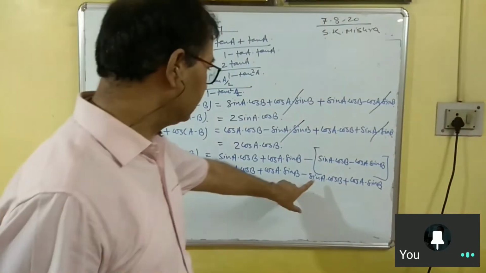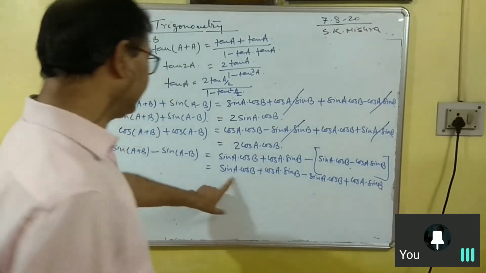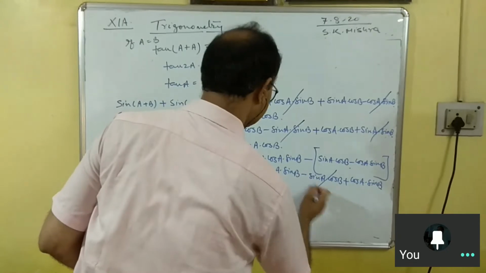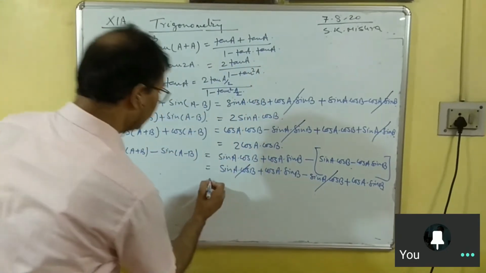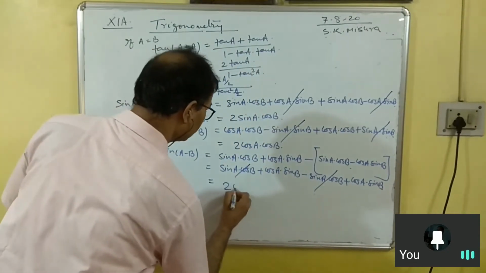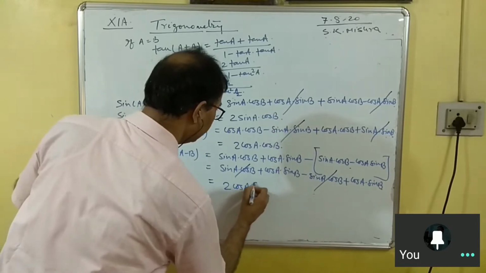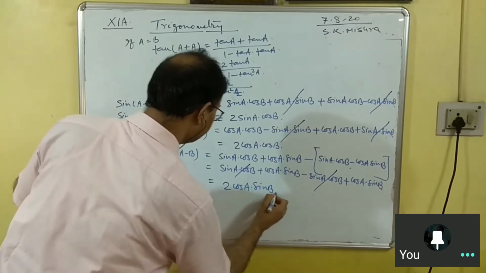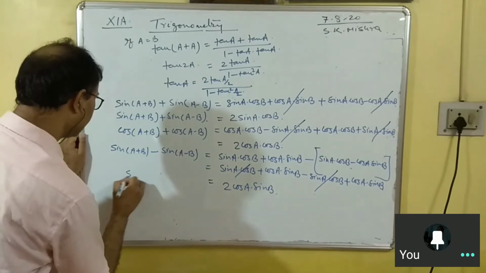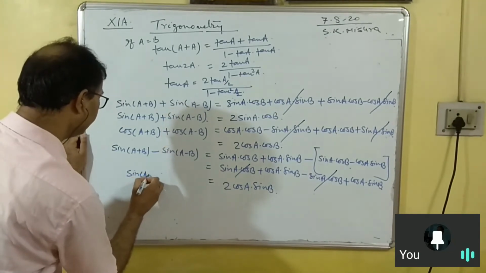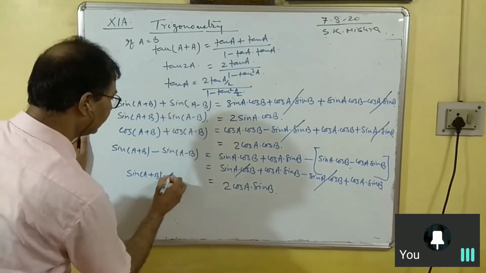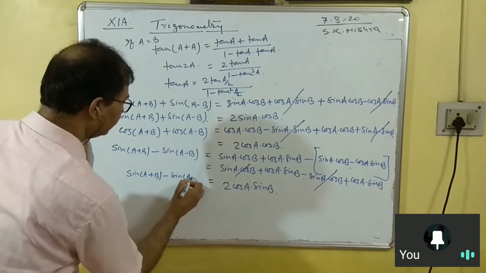Minus sin A cos B and plus sin A cos B cancel out, and you are left with 2 cos A into sin B. This is the formula for sin A plus B minus sin A minus B.